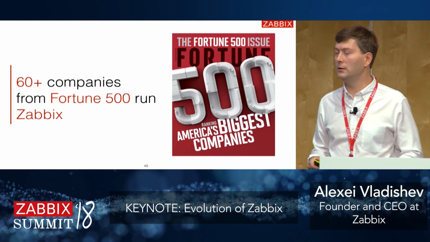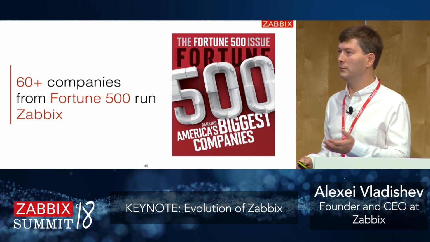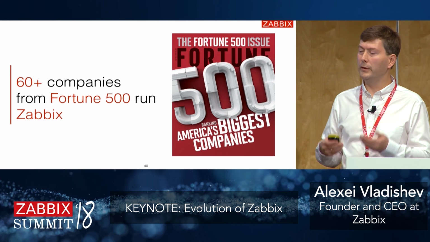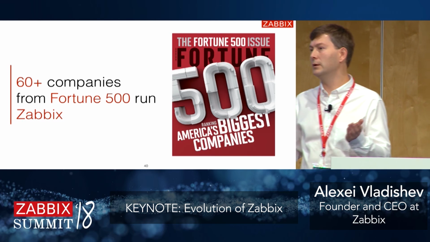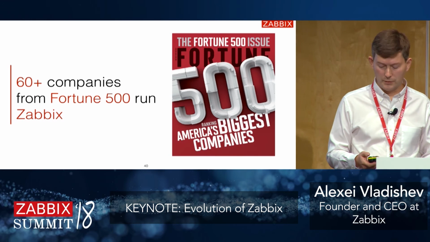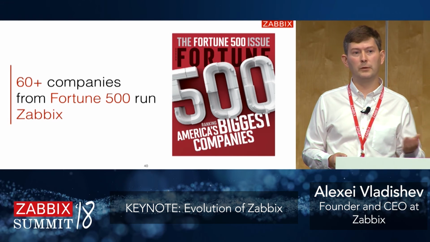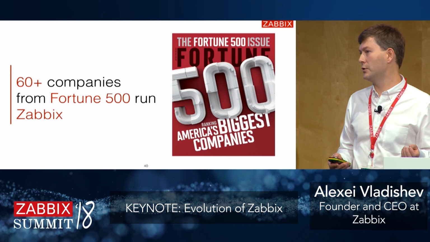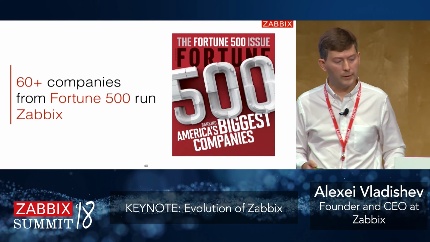But maybe it's not the most important criterion, whether it's a big company or not. I'm really happy that we are growing in terms of users. There are more and more users of Zabbix around. That's probably an indicator that we are moving in the right direction. So I'm really happy about it.